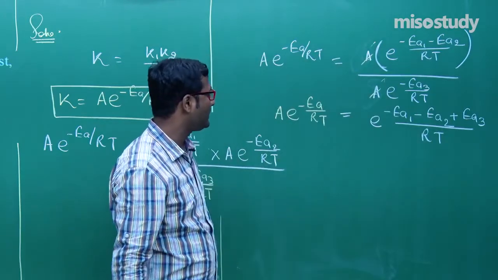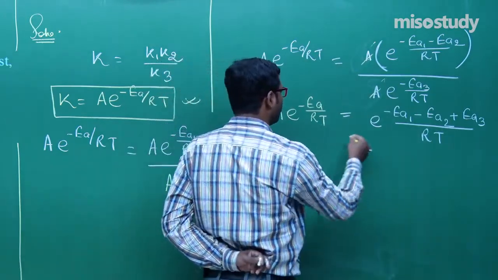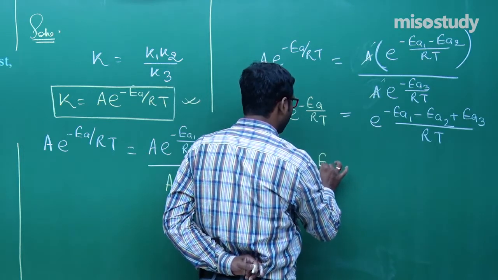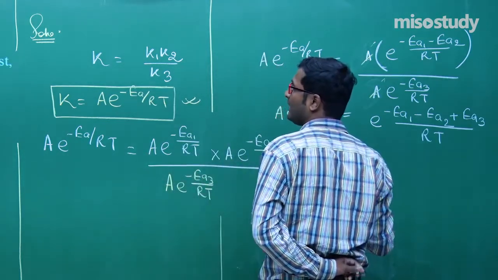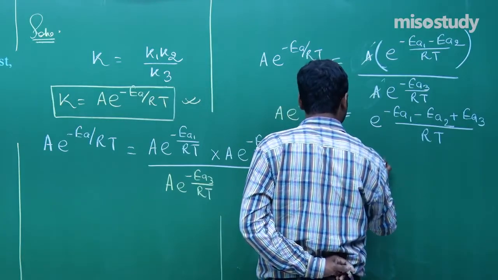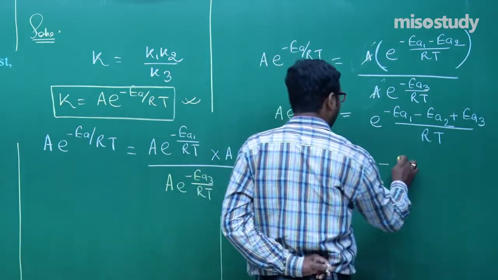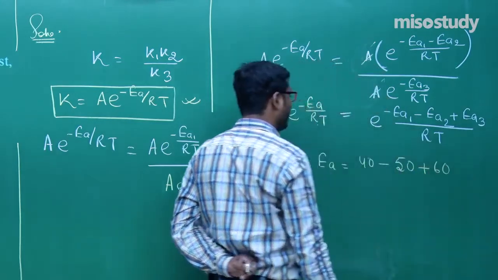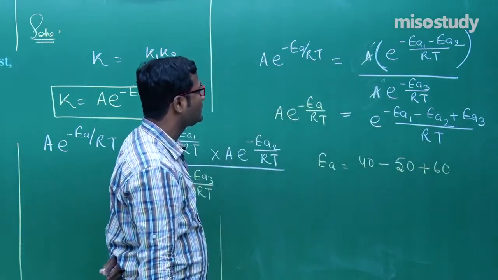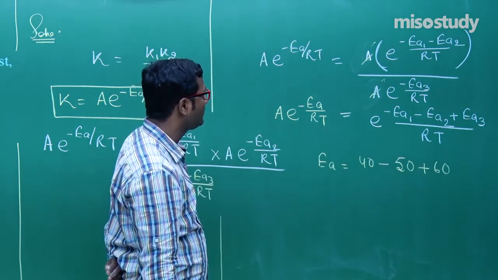Now when we compare these two, what we get is Ea is equal to Ea1 minus Ea2 plus Ea3. What is the value? That is 40 minus 50 plus 60. Am I right here? Check it out if there is any problem regarding the question.